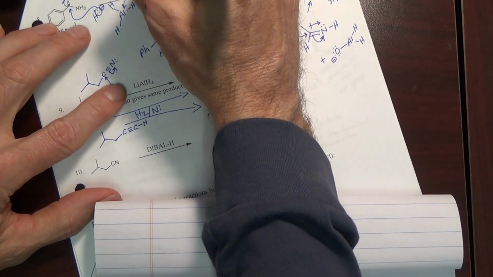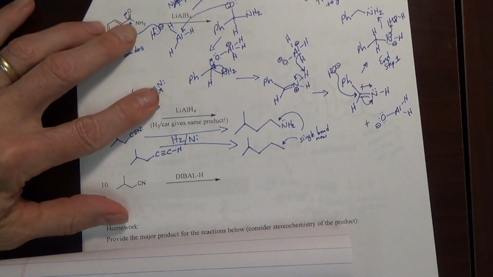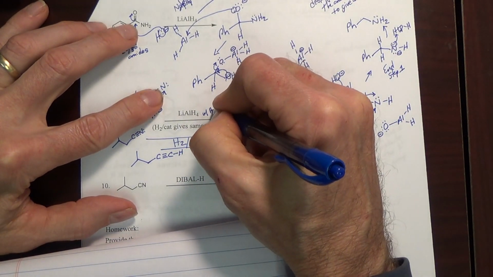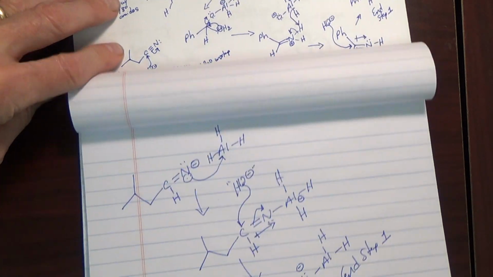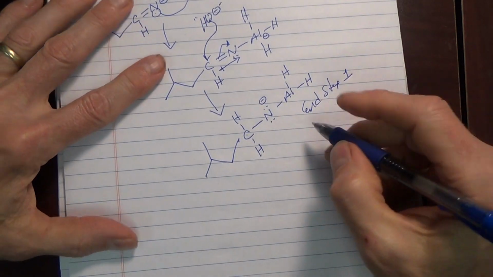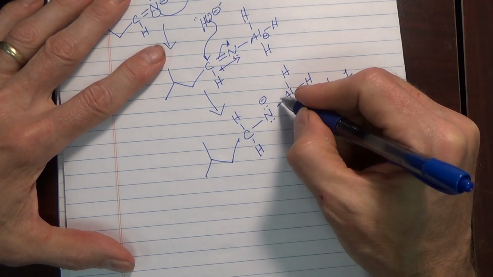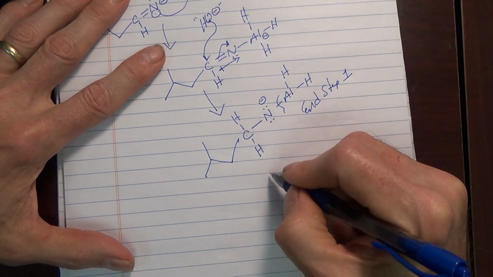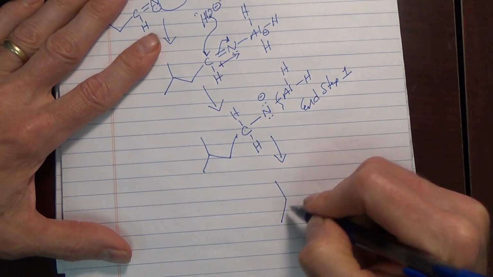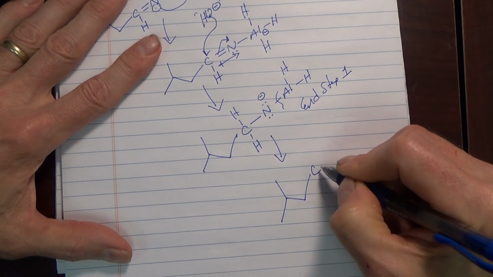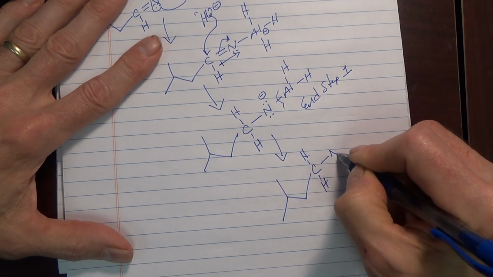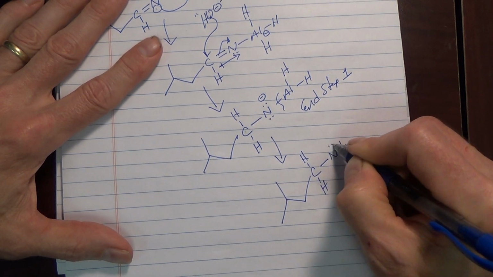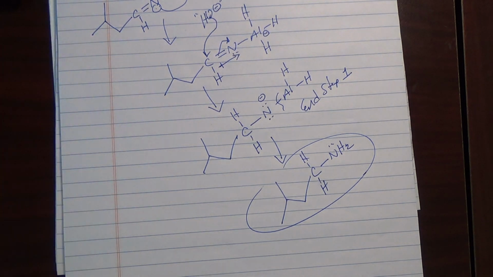Okay, what is step two? Well, again, with H2O workup. You throw this in water, it's going to hydrolyze this and protonate the nitrogen, and you will end up with CH2, and then that becomes NH2. And there's your primary amine.